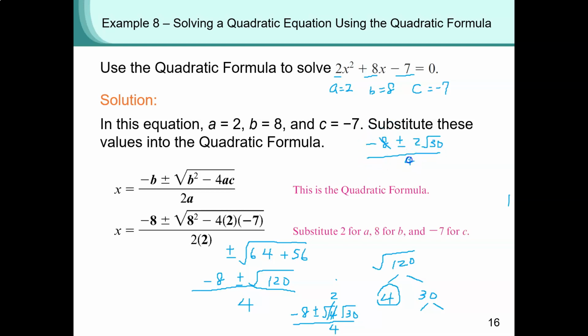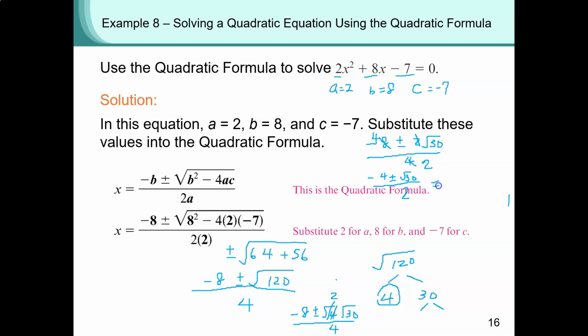Here we can reduce by 2, because they all have the common factor of 2. So reduce by 2, I get a 2 here, I get a 4 here, and these 2 cancel out. So your final solution would be negative 4 plus or minus root 30 over 2.